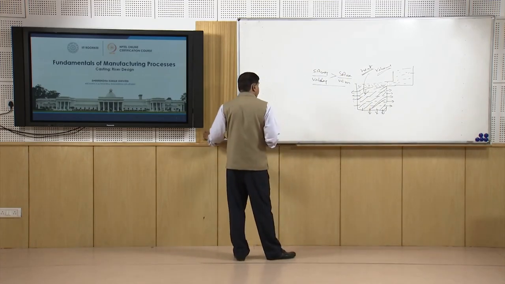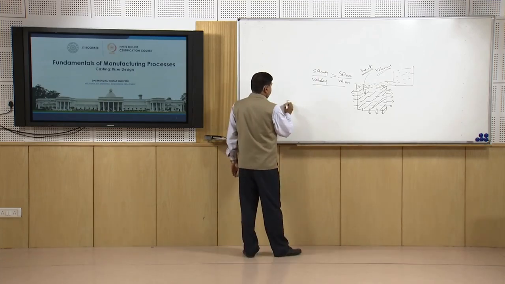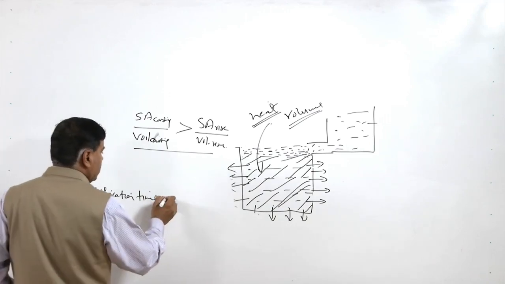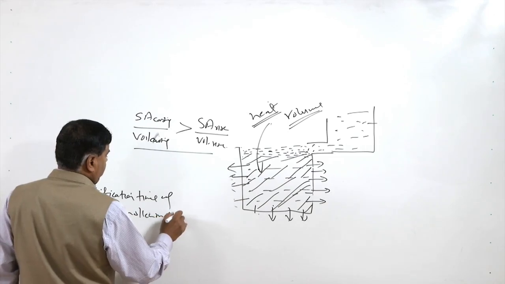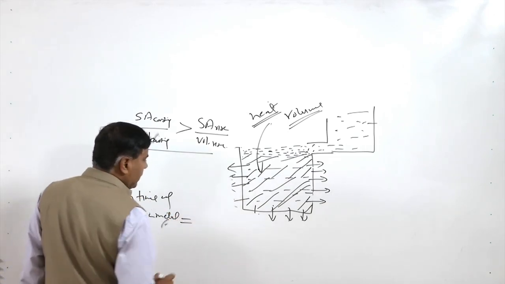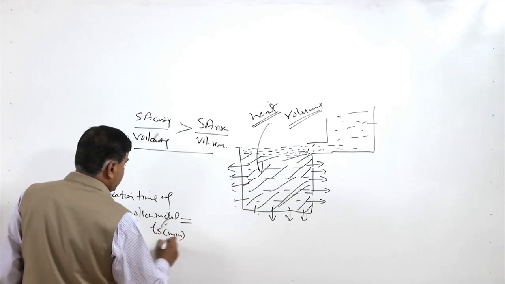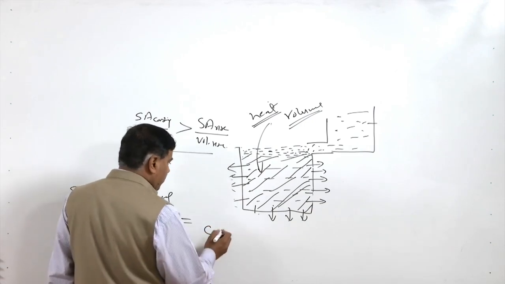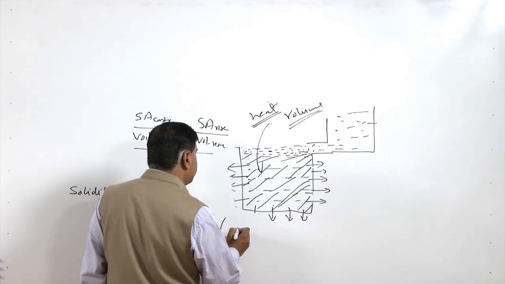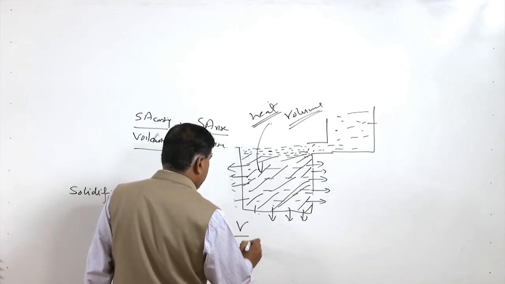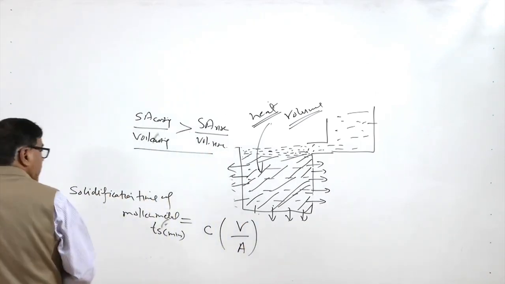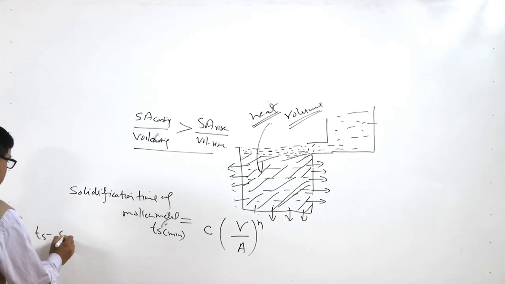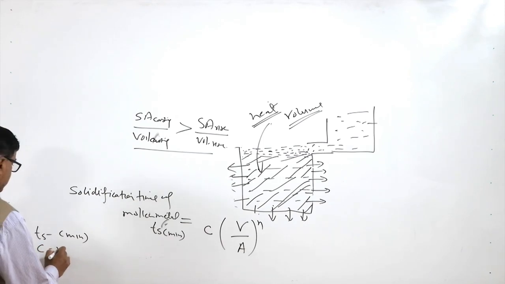Efforts have been made to relate the solidification time of the molten metal, in the casting or in the riser, which can be given as Ts, the solidification time in minutes, equal to C times (V by A) to the power n. Here C is the mold constant, and V by A is the volume to surface area ratio.